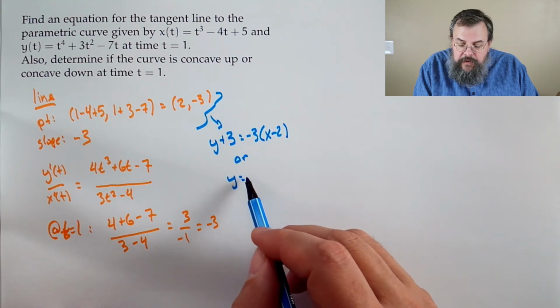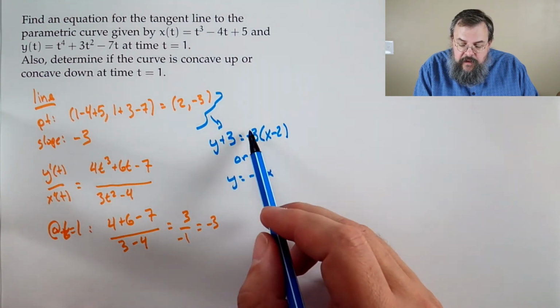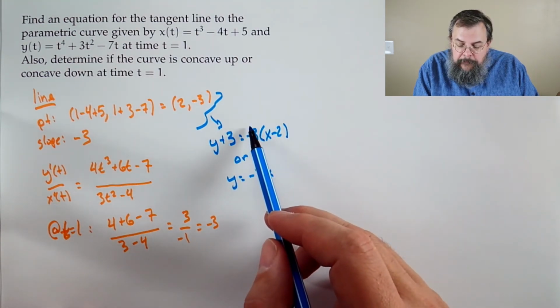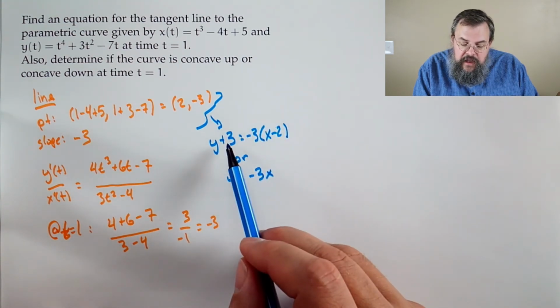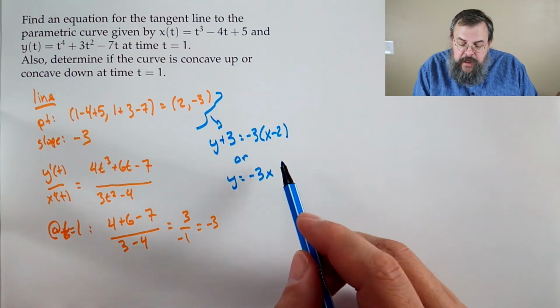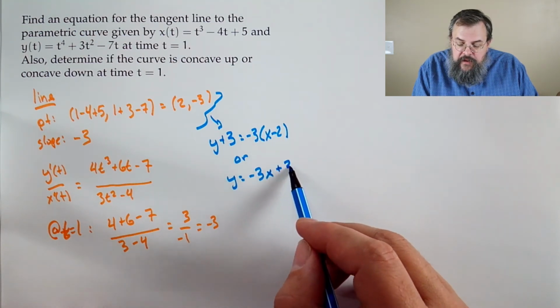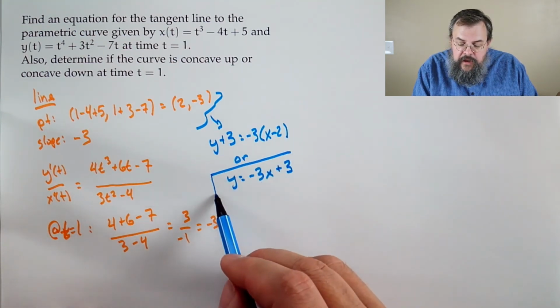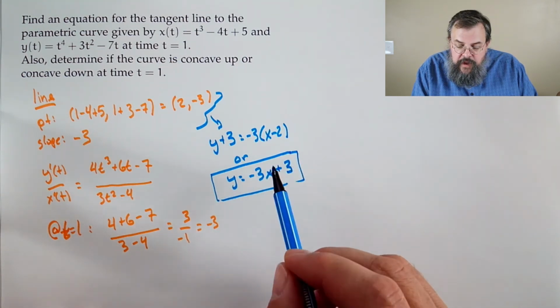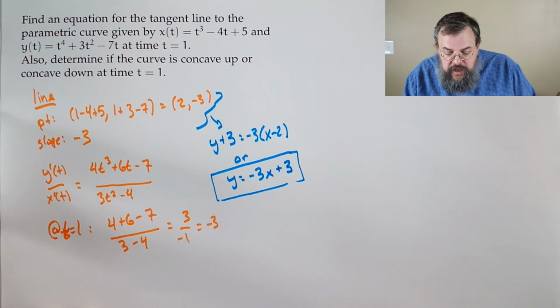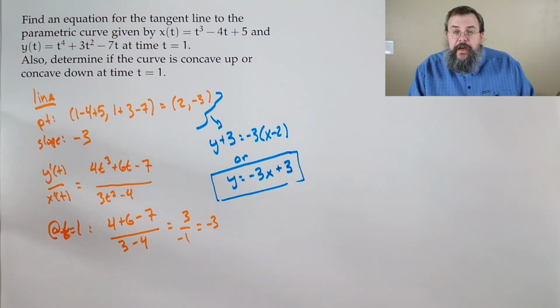That's y equals minus 3x, because we distribute that through, and then it'll be a plus 6, since minus 3 times minus 2 is plus 6, and then if we subtract 3, it becomes plus 3. So y equals minus 3x plus 3. Yes? Okay, good. All right, there we go.